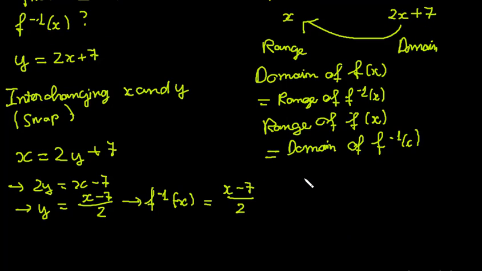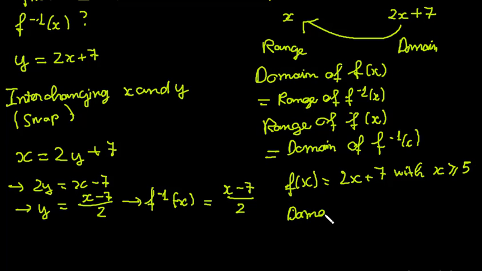Now we have f(x) equals 2x plus 7 with x greater than 5. Okay? And now I have my domain, and here's my range for f(x), and down here for f minus 1 of x.